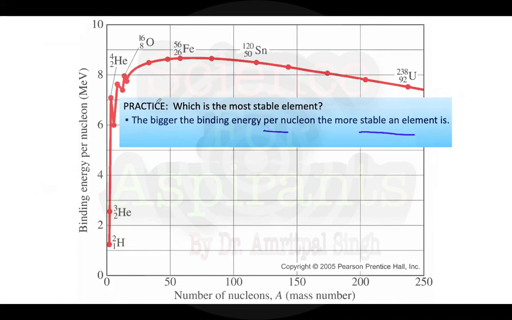In this binding energy curve you can see that iron has the highest binding energy per nucleon, of the order of 8.7 mega electron volt. So iron is the most stable element in our periodic table.